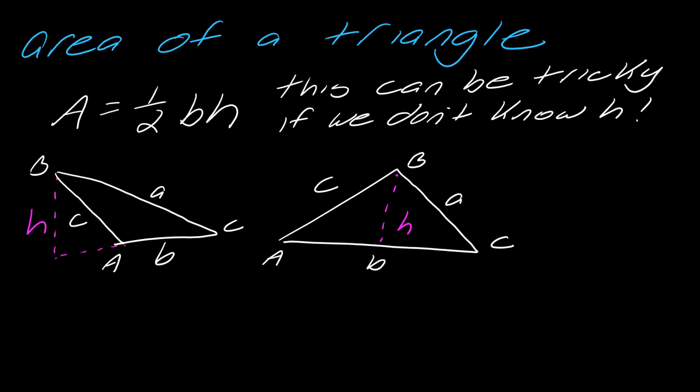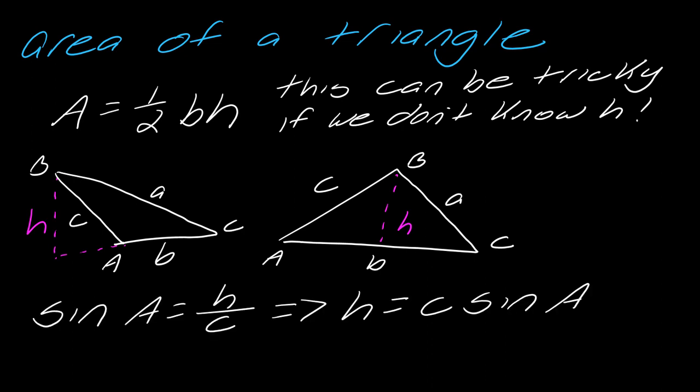And we can think about those relationships with sine and h and the other sides. So for instance, if I wanted to find sine of A, that would just be h over c in either case, right? So even here, sine of A, that's h over c.